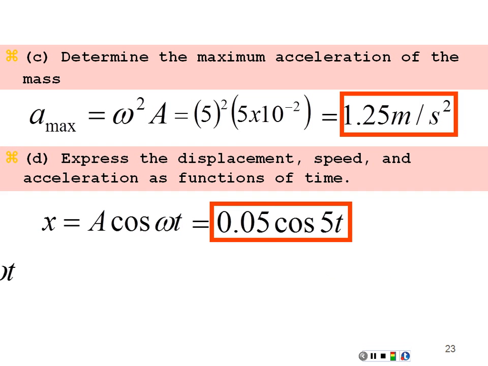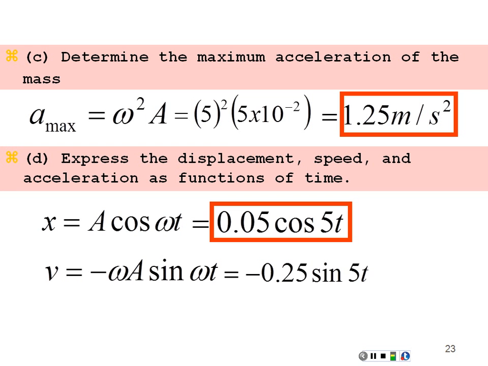The speed will be the derivative of x with respect to time. If I take the derivative of the cosine function, I get a negative sign, and take the derivative of what's inside, which will give me an omega outside, which will give me another 5. So this is going to be equal to negative 5 times 0.05, which will be 0.25, sine 5t. And that's my velocity for all time.